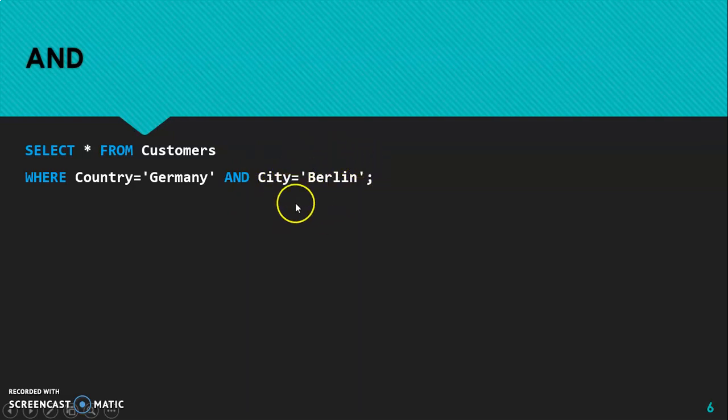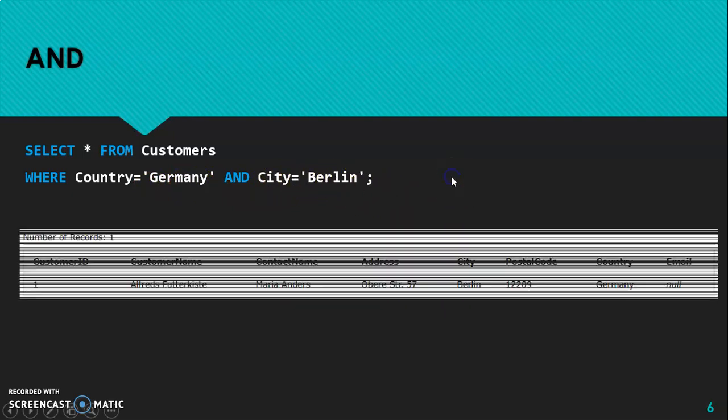Now it may happen that in the database we have many records for the country Germany, and for Germany we can have many different cities. But for this particular criteria, I will get records only for the country Germany and the city Berlin.